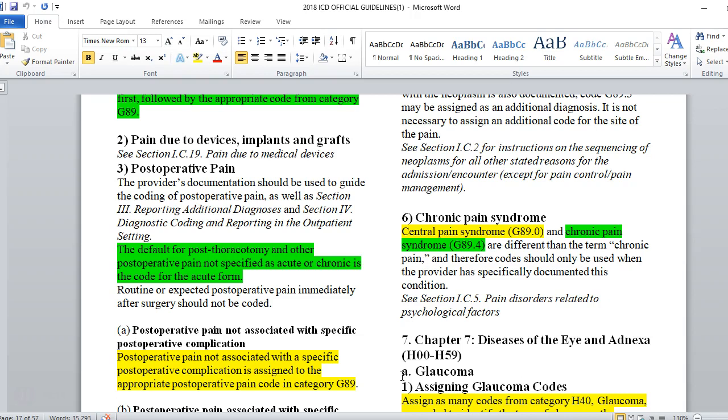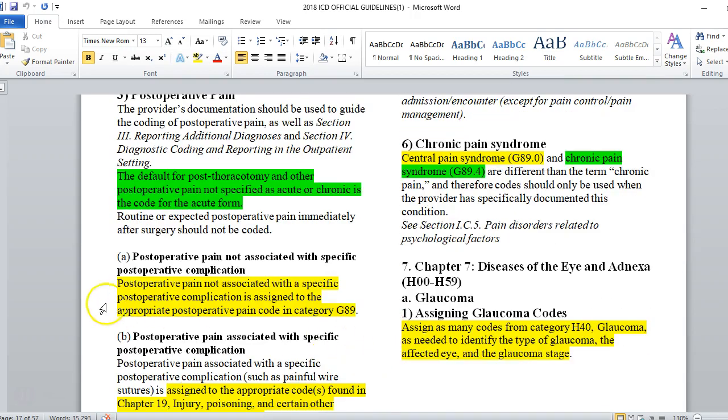But if the patient is in such extreme pain, they're uncontrollable, screaming and thrashing and things like that, then that's above and beyond. Then they're going to look at, is that a complication? And if that is a complication, again, we have to be careful because most of those should be coded as a complication, not as acute or chronic pain, which it reminds us right here.